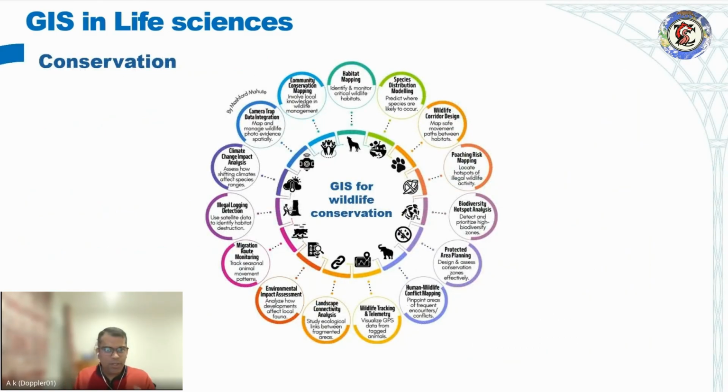Now let's move on to conservation, because obviously our conference theme is ecology and conservation. So some of the wildlife conservation aspects of GIS that you can see. Habitat mapping is the most widely used. Migration route monitoring is another thing that is heavily used in African countries, especially in the national parks in Kenya, Zimbabwe, and those areas where the migration happens.